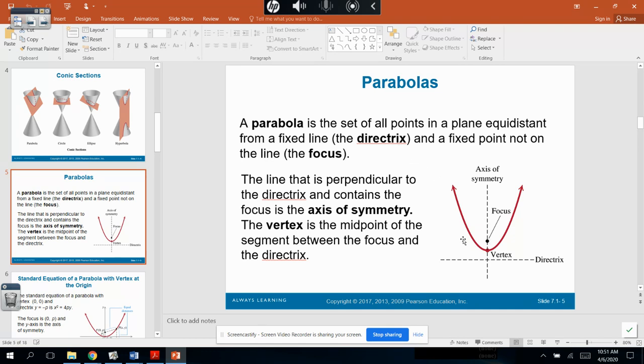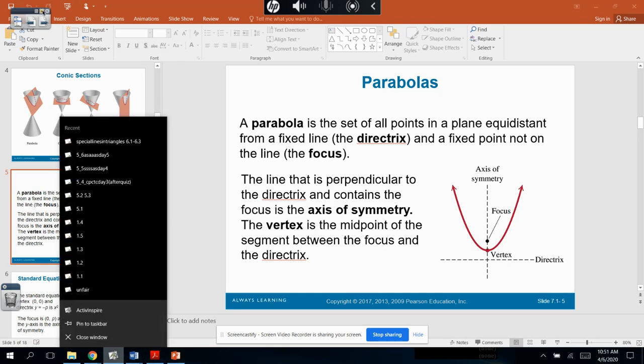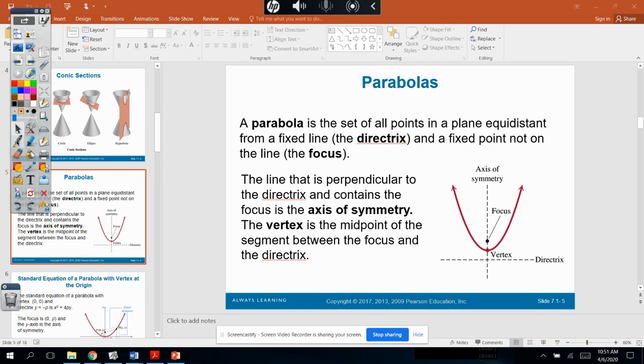The directrix will be on the outside, and they are the exact same distance apart because the definition of a parabola comes from this focus and the directrix.